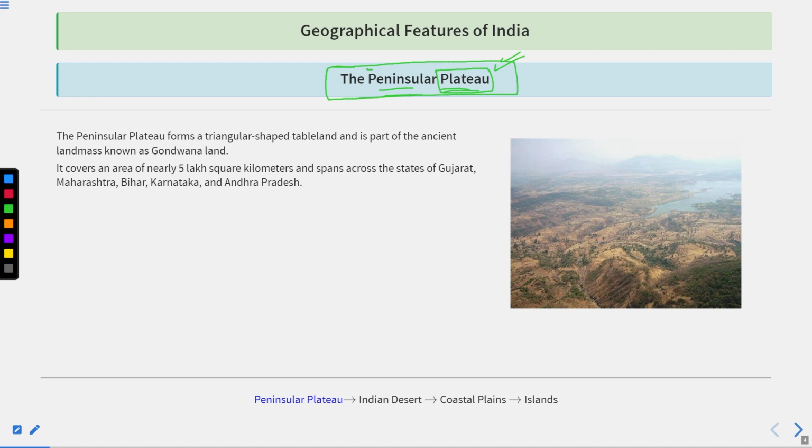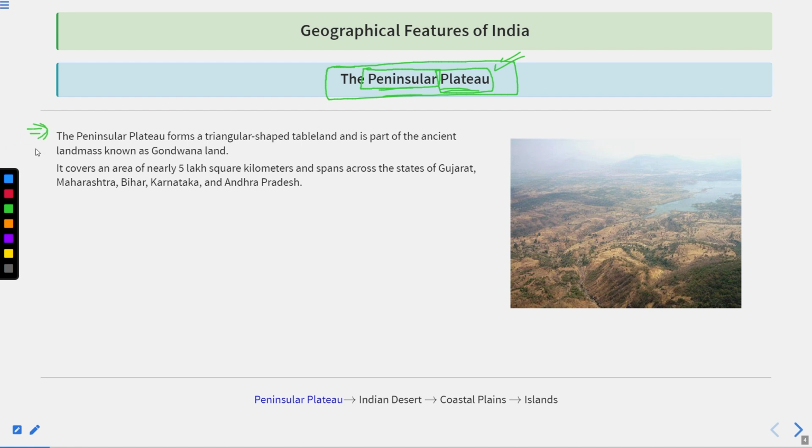Now let's talk about the peninsula. Remember one thing always: the peninsular signifies the ancient thing, like the structure that existed in India in ancient time and even before the start of ancient time.